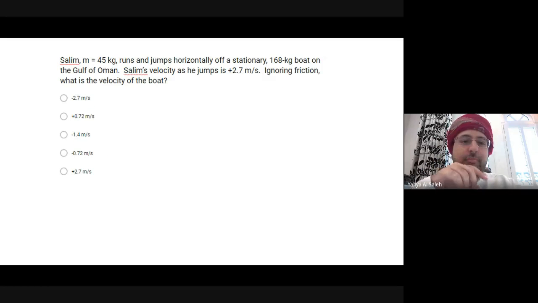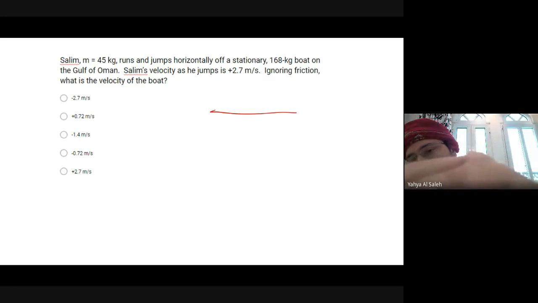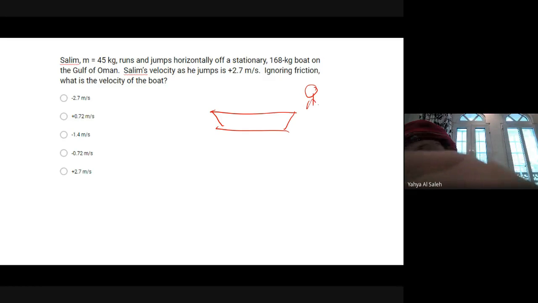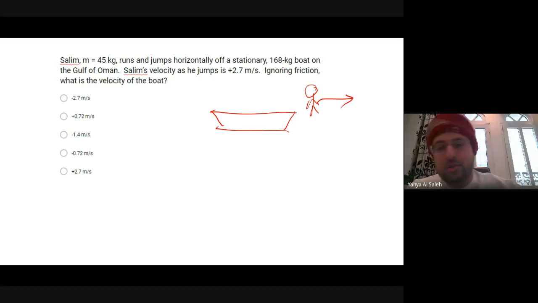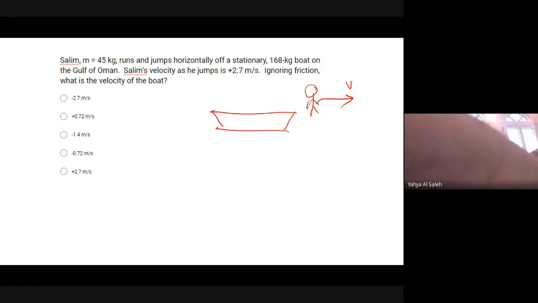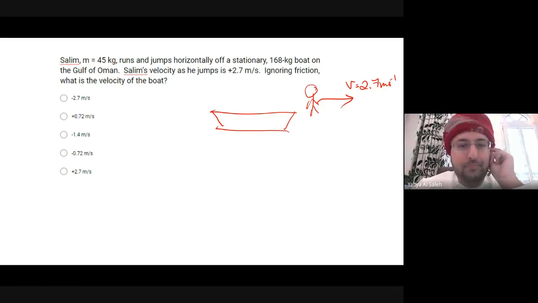Salim, of mass 45 kilograms, runs and jumps horizontally off a stationary 168 kilogram boat on the Gulf of Oman. So we have a boat and we have Salim, who's jumping horizontally at velocity equals 2.7 meters per second.